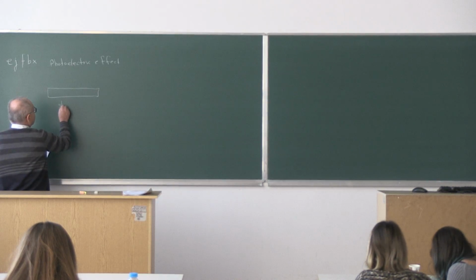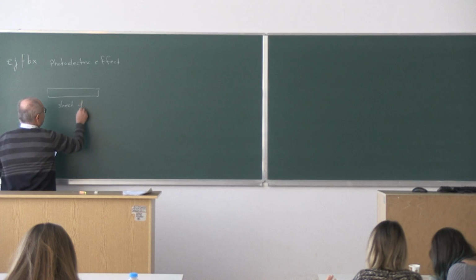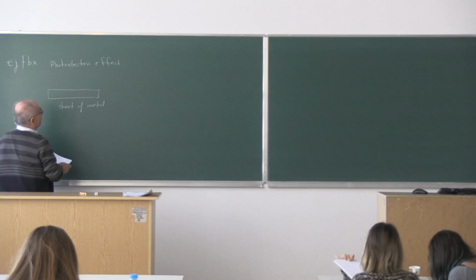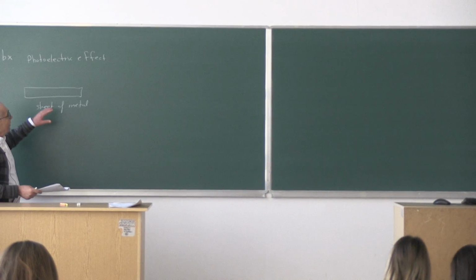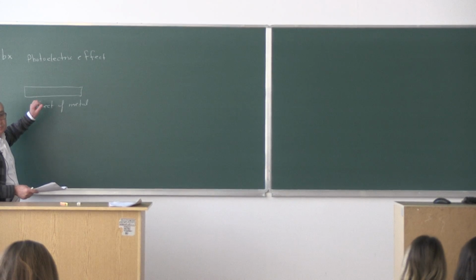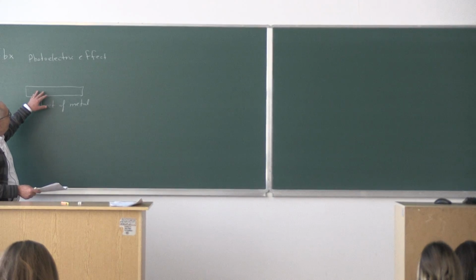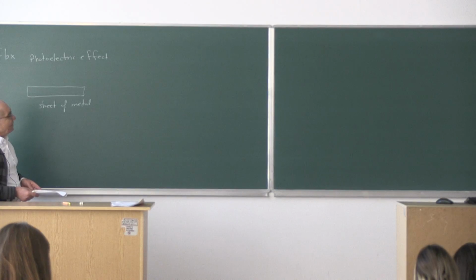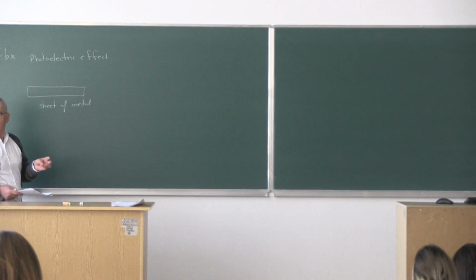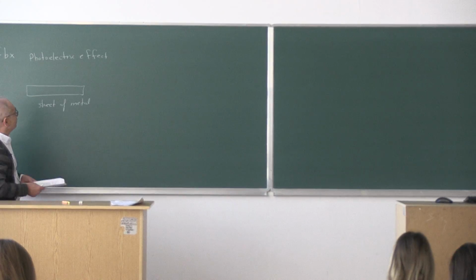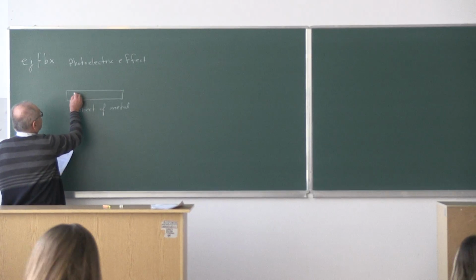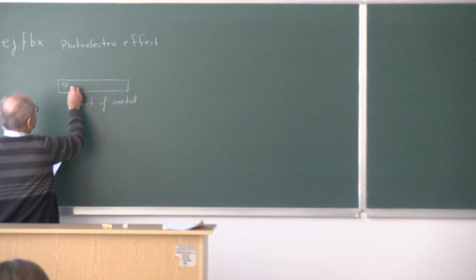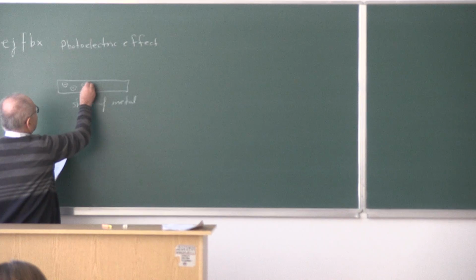Here is a sheet of metal. It's a solid. We regard the sheet of metal as a collection of electrons and nuclei. So let us indicate the electrons by such a symbol.